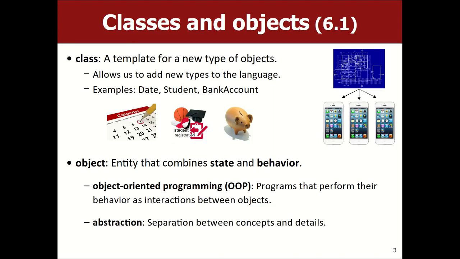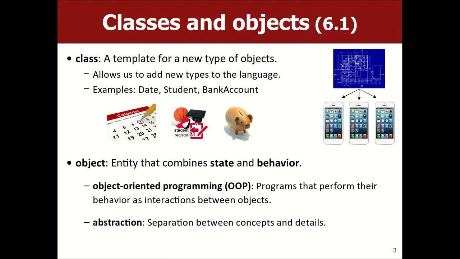Classes are types of objects. That's true in Java, Python, JavaScript, and C++ as well. The motivation for classes and objects is when you want to write a program where you have a new kind of entity that the language doesn't have a type for. C++ has strings and ints and doubles and chars and vectors, but it doesn't really have a data type for representing a bank account or a calendar event.